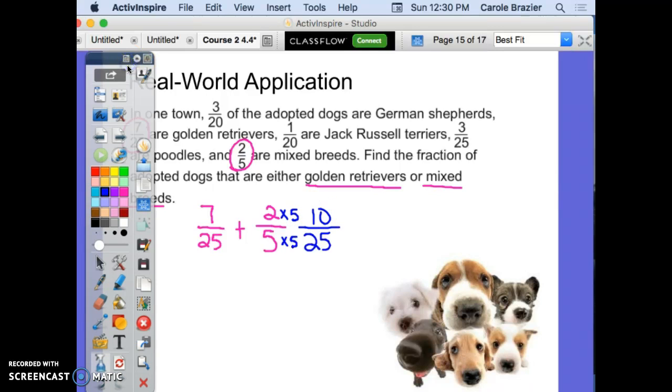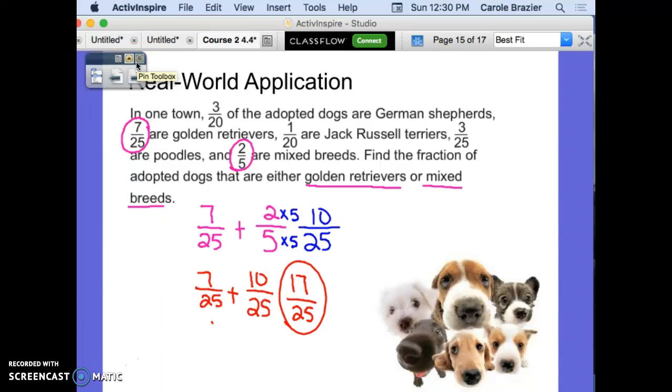So adding my new fractions, I'm going to have 7/25 plus 10/25. Okay, 7 plus 10 is 17. My denominator stays the same, and that is reduced. So 17/25 is either Golden Retrievers or mixed breeds.